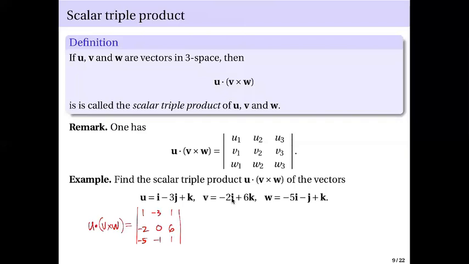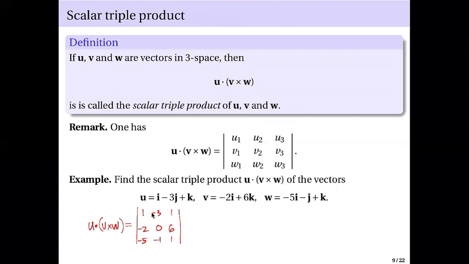So the determinant of a 3 by 3 matrix, and you can do this in a way you know. You can use our shortcut. You augment 2 columns here and then slide. Going down, going down, going down, you multiply the entries and add them, and then going up, you multiply the entries and subtract. So you can use that.